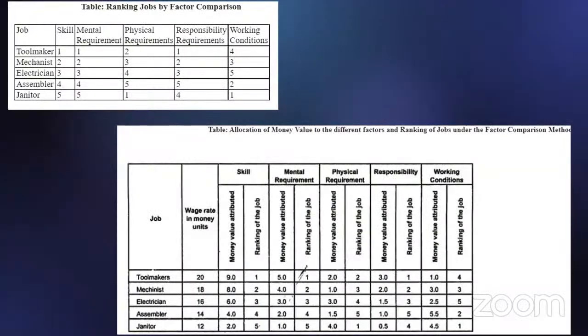So you see a typical example there. You see the ranking that goes with the job, and then you see the pay that goes with the job. So for instance, you have a tool maker: the skill requirement is graded 1, mental requirement is 1, physical requirement is graded 1, responsibility is graded 1, working condition is graded 4.